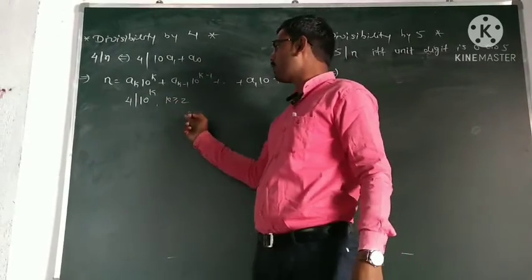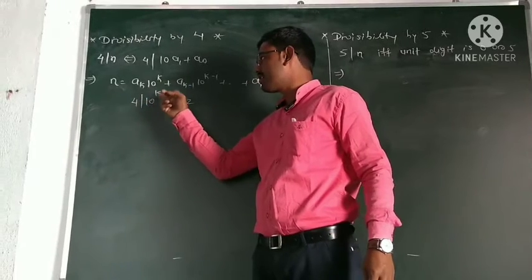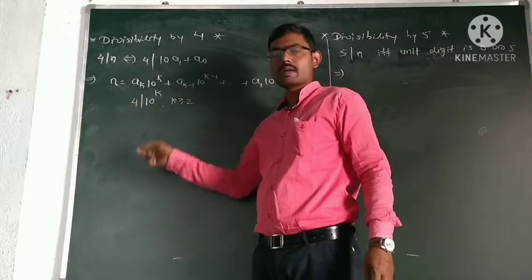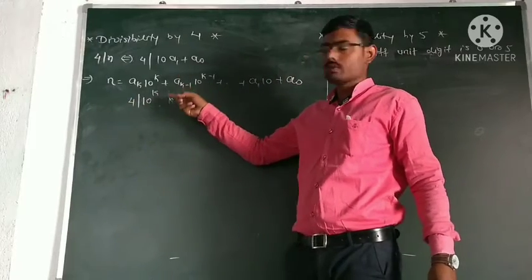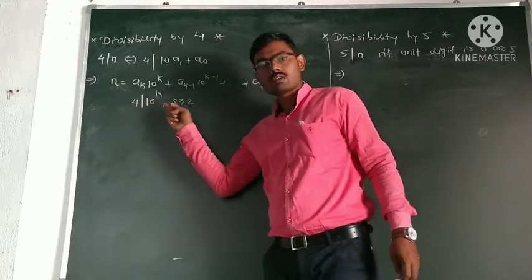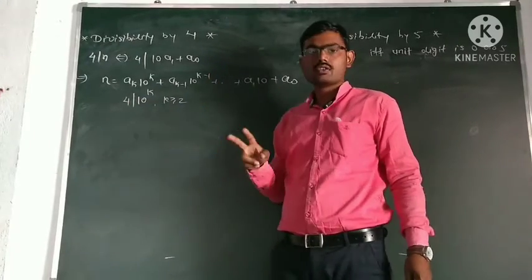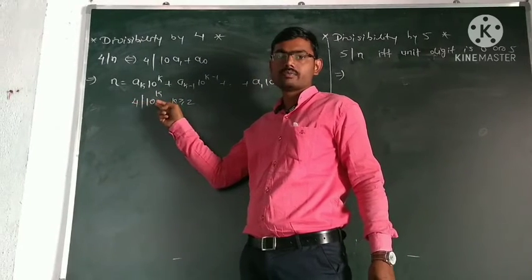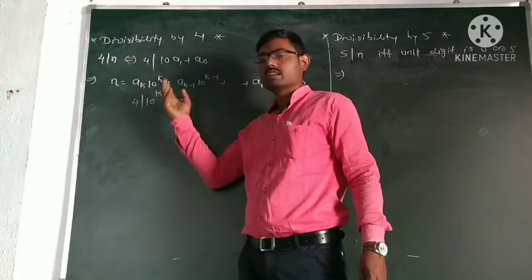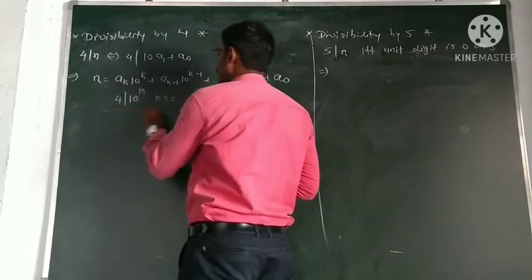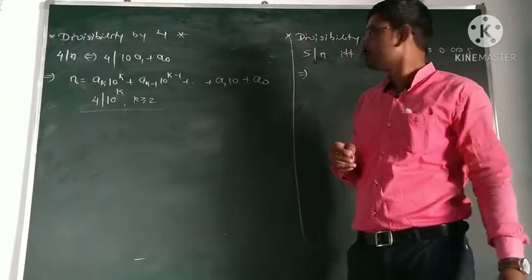Only for k equal to 1 and k equal to 0, 4 does not divide 10 raised to power k. For k equal to 0, 10 raised to power 0 is 1, and 4 does not divide 1. For k equal to 1, 10 raised to power 1 is 10, and 4 does not divide 10. But for k equal to 2, it is 100, and 4 divides 100. 4 divides 10 raised to power 3, that is 1000, also. So 4 divides 10 raised to power k for all k greater than or equal to 2.